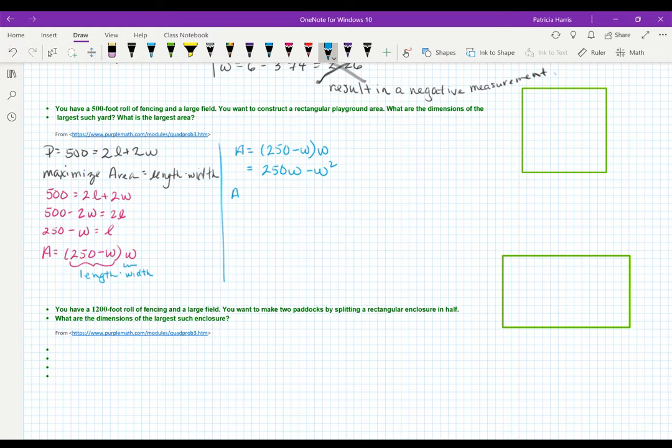So area is equal to negative W squared plus 250 times W. Now I want to know maximum area. Now if I'm ever looking for a maximum or a minimum, I know I'm looking for a vertex. By looking at this particular quadratic, I know that that parabola will open down because of that negative a value in the front. So this parabola will have a maximum.